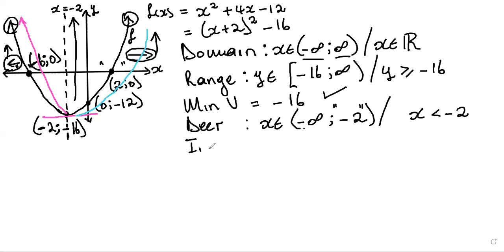So this function is going to increase from -2 all the way to positive infinity. But if you prefer, you can say it's going to increase where x is greater than -2. That's the interval of increase. Are you fine? Okay.